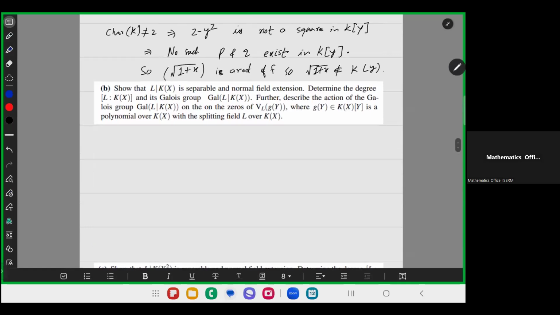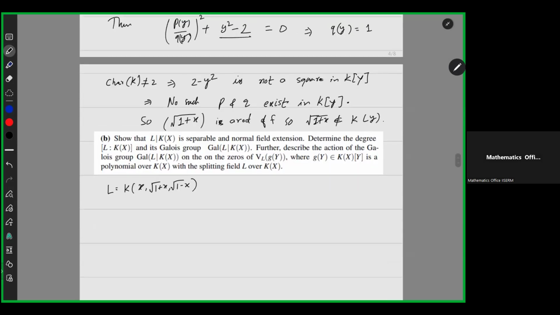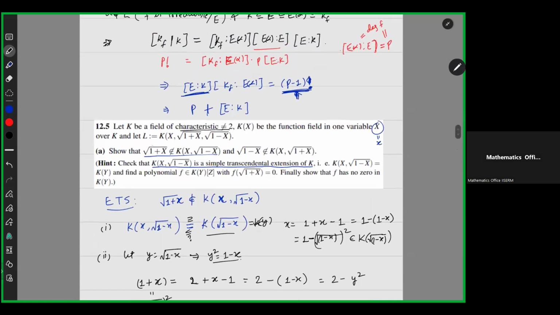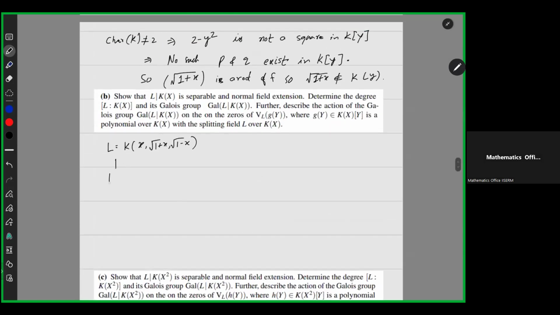Here we have L, which is k(x)(root 1 plus x, root 1 minus x). This is given in the first line. And here we have k(x)(root 1 plus x), and then we have k.